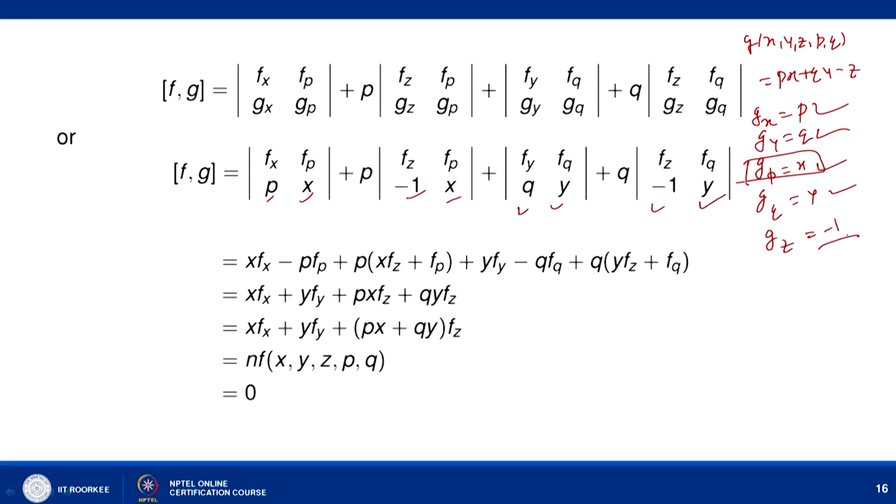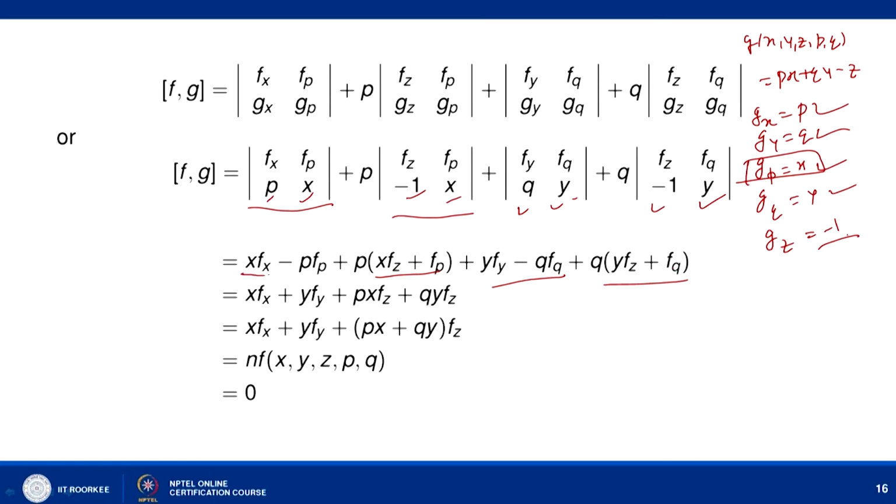So now let us simplify this. It is x fx minus p fp, we have simplified this, plus p times x fz plus fp, plus here we write y fy minus q fq plus q times y fz plus fq. So we have simply written it down.